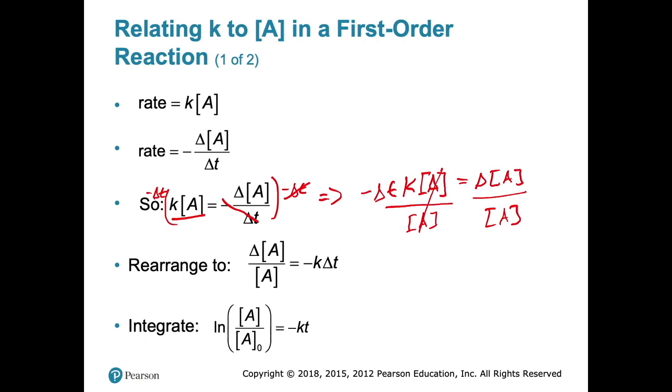But there's a special little rule, if you remember from calculus, called the natural log quotient rule, where it says that ln of x divided by y equals ln x minus ln y, right?